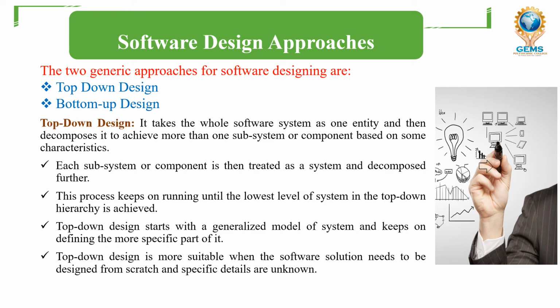Now we have two approaches of software design. The two generic approaches for software designing are the top down approach and the bottom up approach. The top down design approach says that it takes the whole software system as one entity and then decomposes it to achieve more than one subsystem or component based on the characteristics.